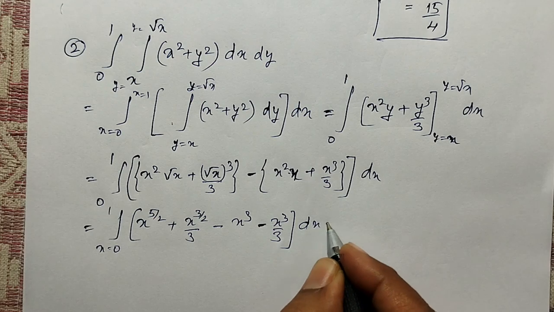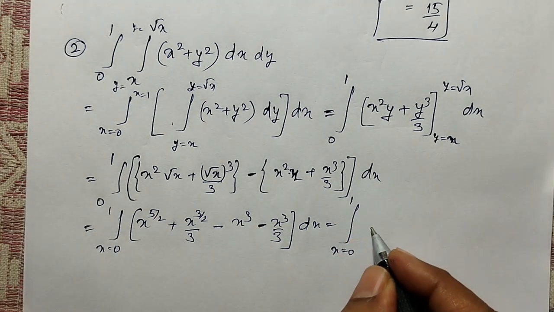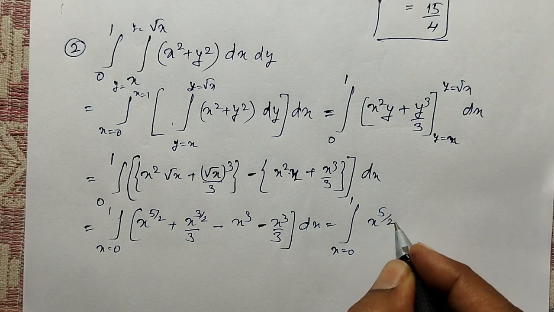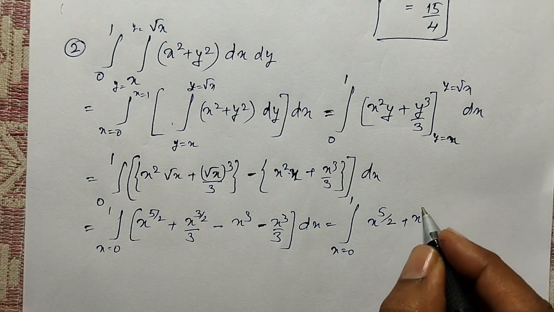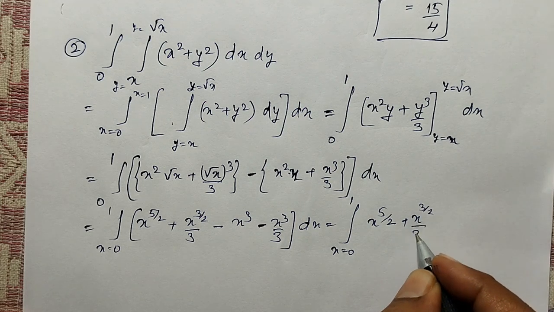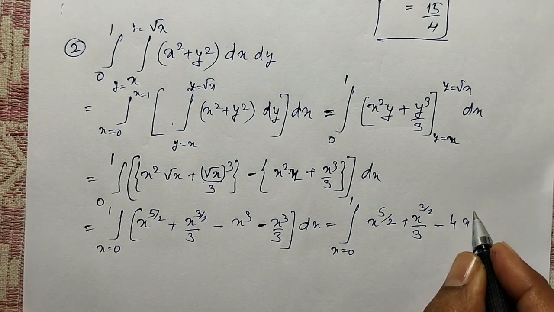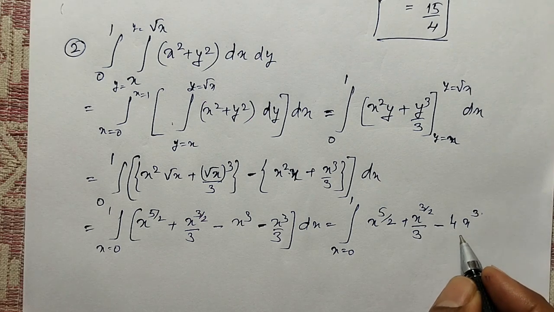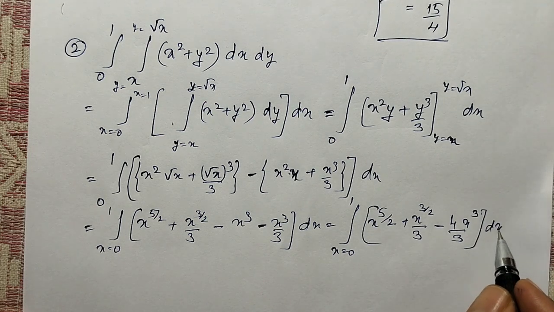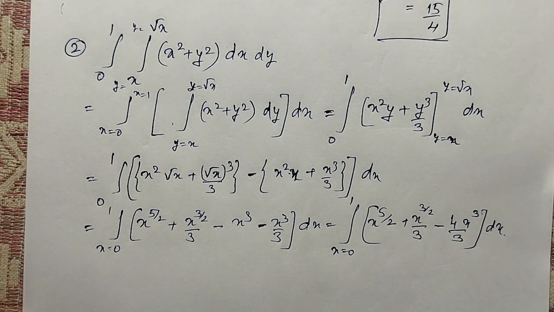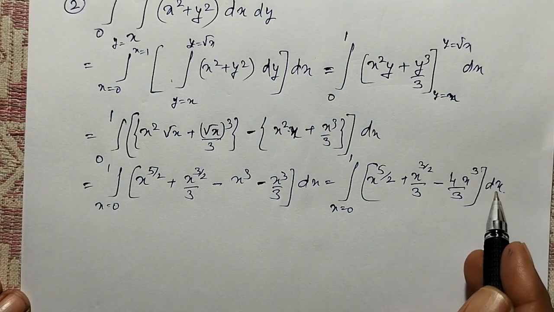I will also simplify that, then I will integrate. Integration from x equal to 0 to 1, x raised to 5 by 2 plus x raised to 3 by 2 divided by 3 minus 4x cube divided by 3, into dx. Correct?